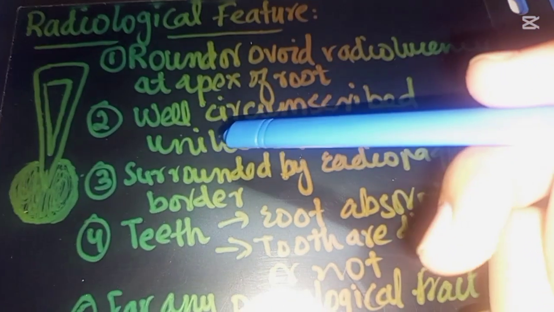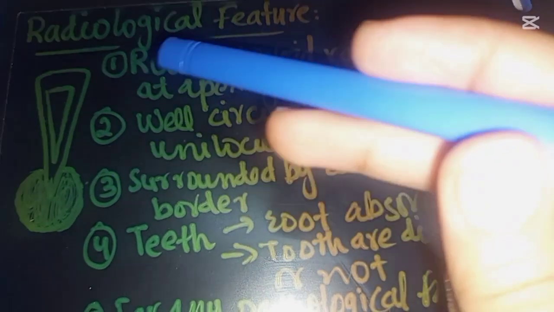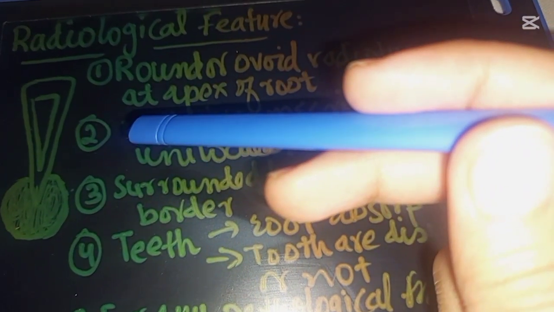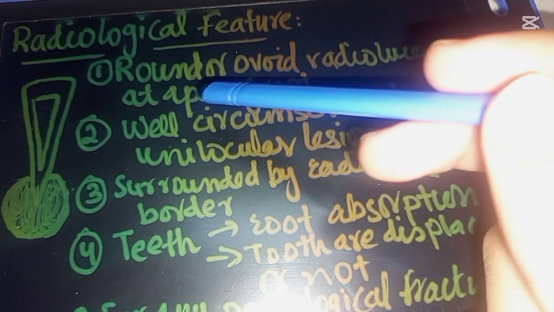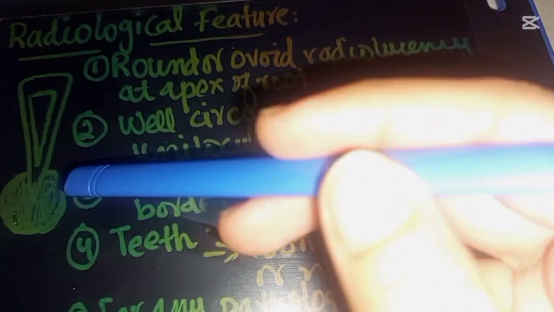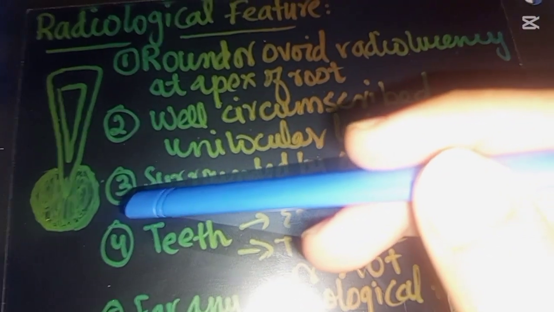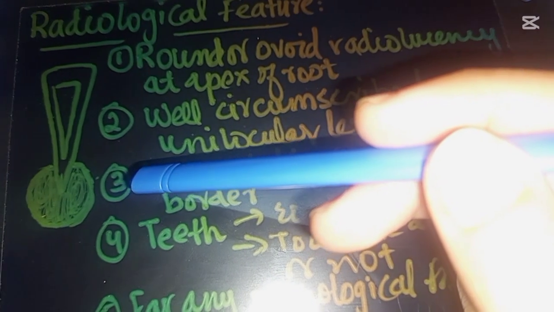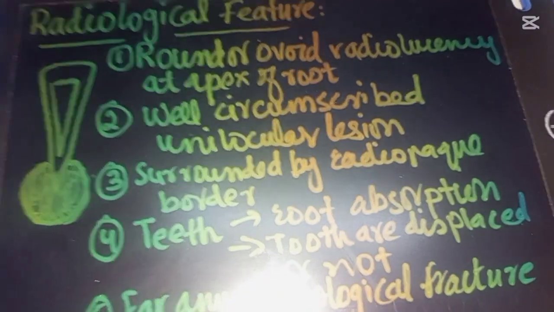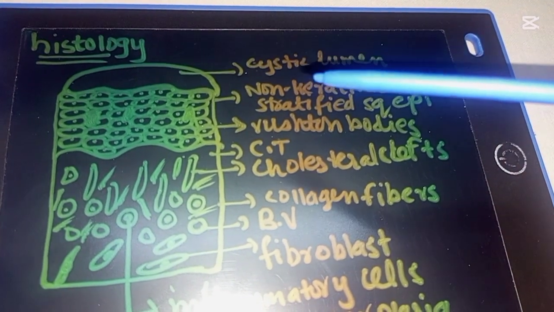So it is very important, when you examine the radiograph of the radicular cyst, that it is represented as a round ovate radiolucency at the apex, with one well circumscribed unilocular border, surrounded by a radiopaque line. You will see whether the adjacent teeth are displaced or their roots are resorbed, and whether there is any pathological fracture.